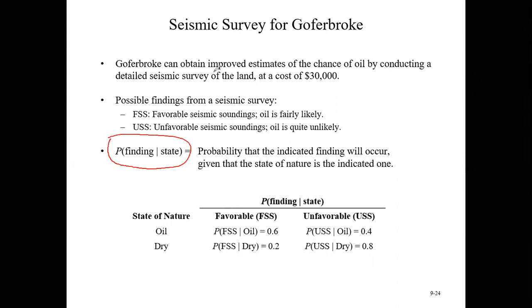So that favorable seismic sounding can now be incorporated into your decision making as a posterior probability. So how do we go about doing this? Let me go out of this. Clear.